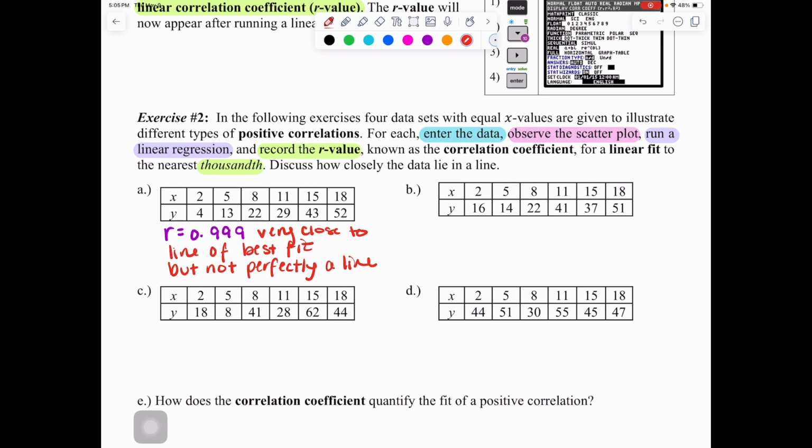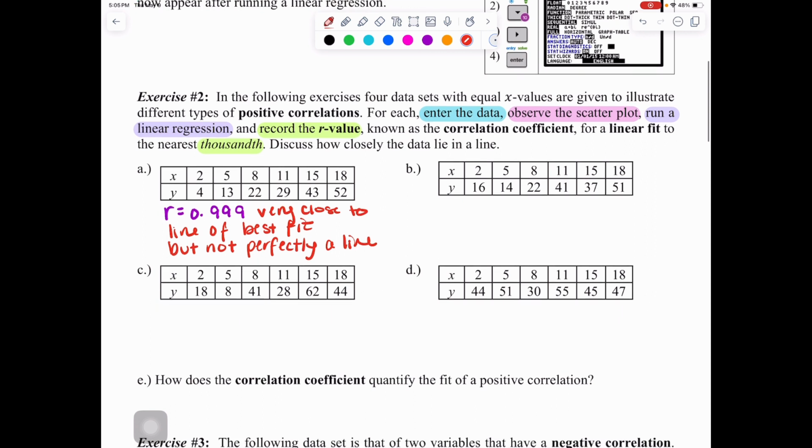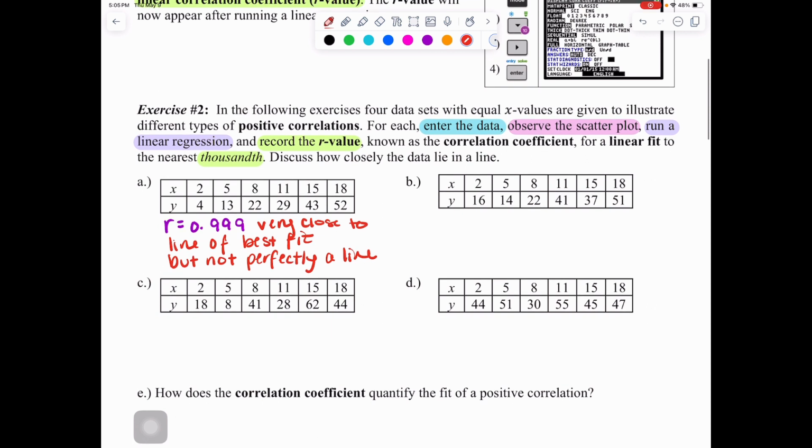So knowing that, I want you to practice doing the same thing for B, C, and D. And then in part E, it says, how does the correlation coefficient quantify the fit of a positive correlation? So you don't have to answer part E without me, but I do want you to think about it before you resume the video, and then we'll answer it together.